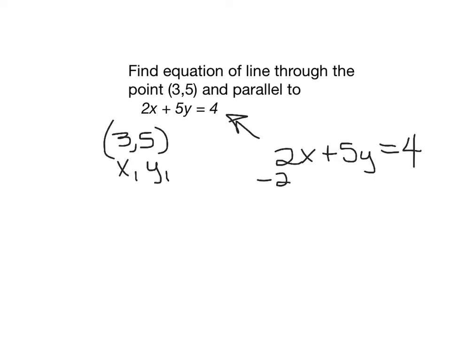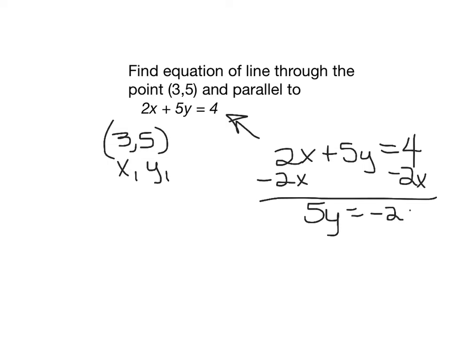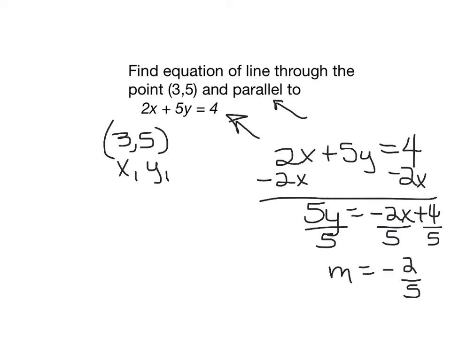So I'm going to subtract the 2. And then divide by 5. This will give me the slope that I need to use because it asked me for a line that was parallel, and I know that parallel lines have equal slopes or the same slope.